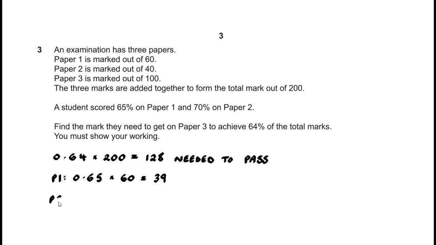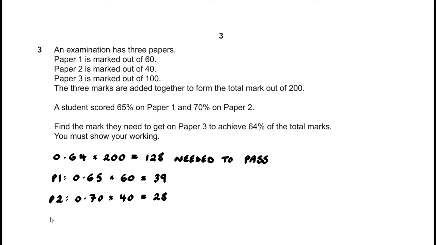If we take a look at paper 2, they got 70%. So we need to work out 70% of 40. So we have 0.70 times by 40, which is equal to 28. So they got 28 marks on paper 2.